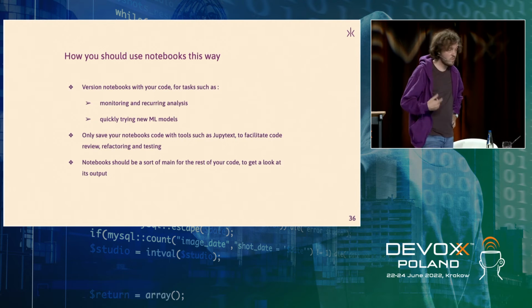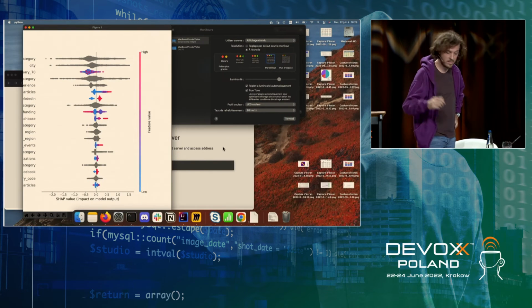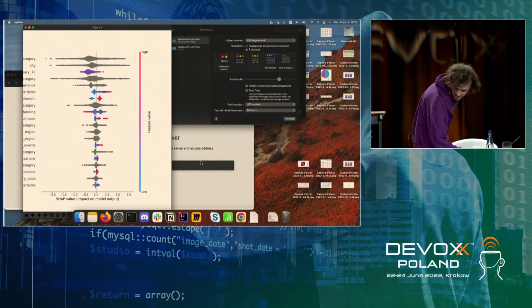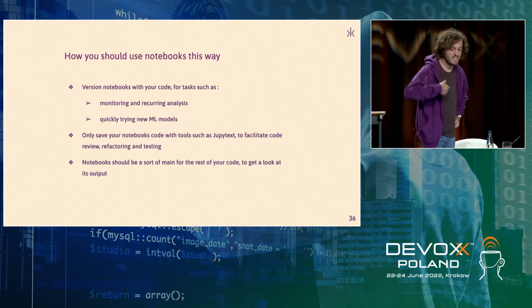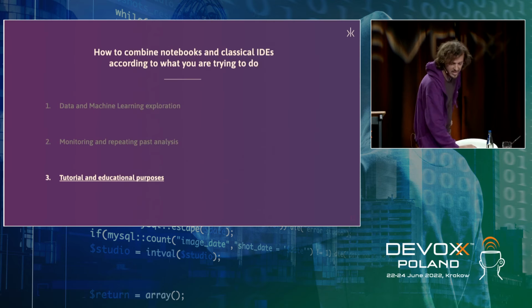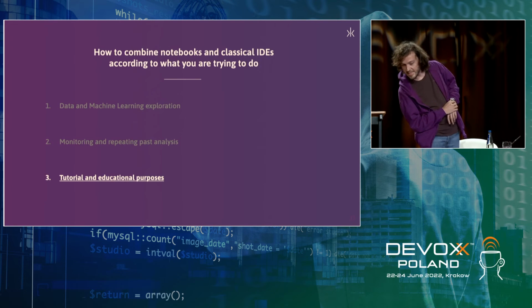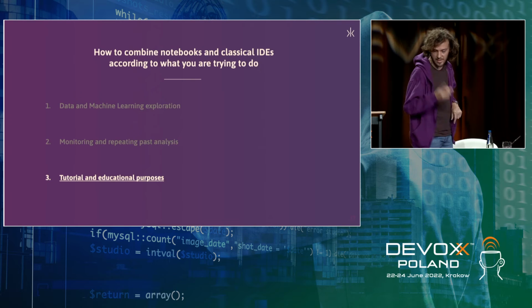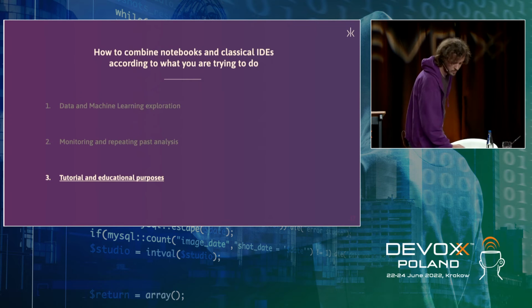So it's kind of useful, but you should use tools such as Jupytext to help you maintain your notebook easily, to help you build some high-quality code. Here it's because my test ran some plots.